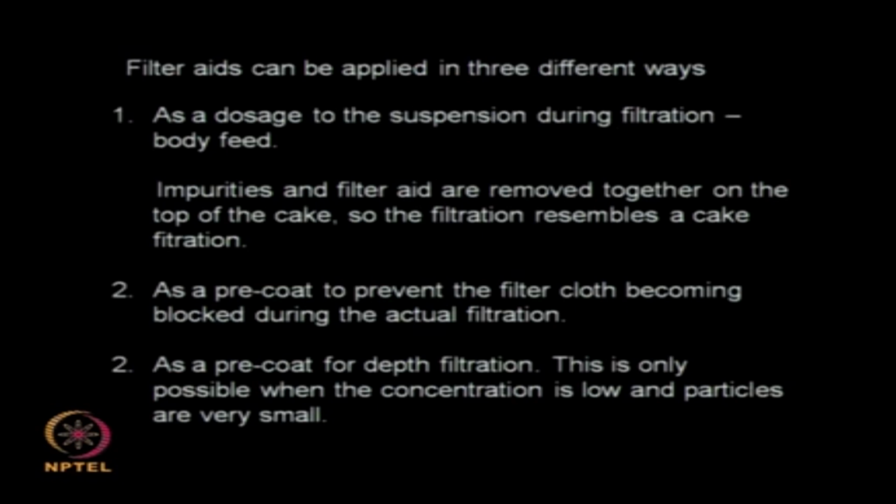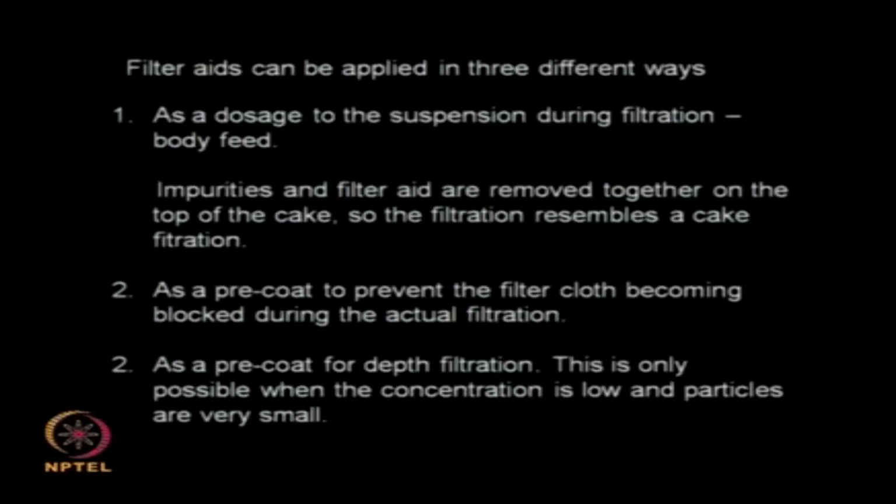Second approach is I can use it as a pre-coat, that means initially I will just pass filter aid, so the filter aid initially settles on top of my filter cloth or filter medium and then your biomass or the solid starts settling on top of that. So the filter aid does not go and block the holes in my filter cloth or filter medium, so that is called pre-coating.